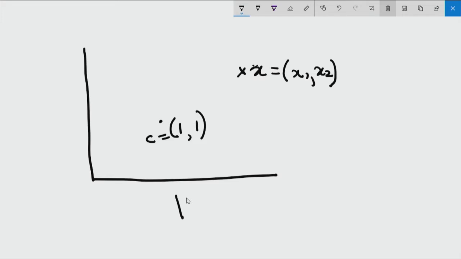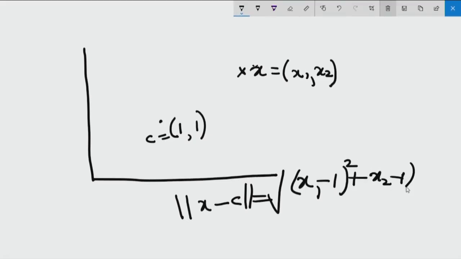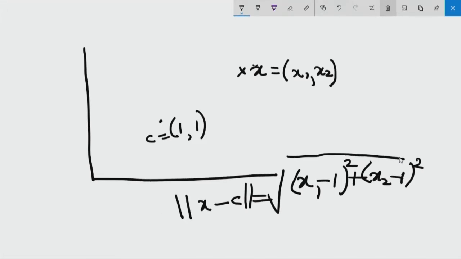Then the distance x minus c is nothing but the square root of x1 minus 1 square plus x2 minus 1 square. Obviously, this can be extended for any n, R3, R4, R5, etc. Therefore, any function which involves the concept of distance or norm is said to be a radial basis function.